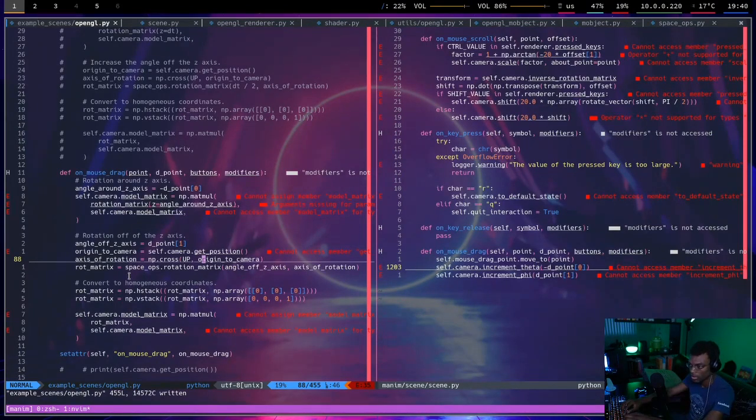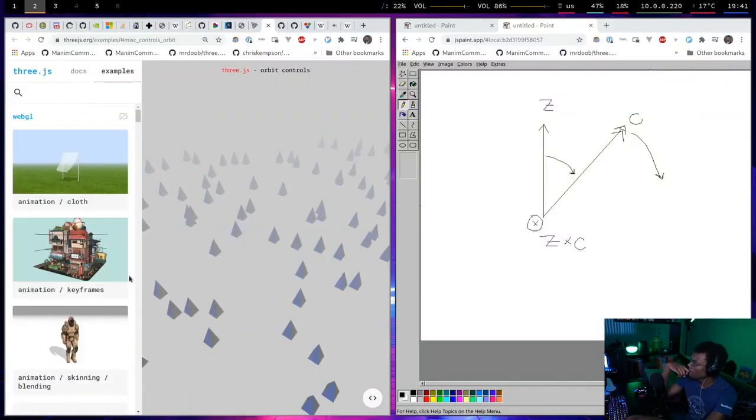I guess I didn't have to use quaternions so far, at least. Hmm.